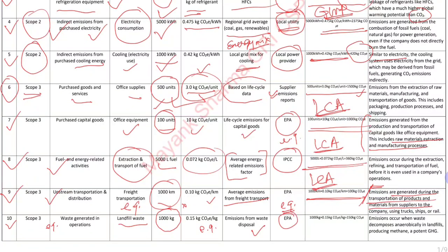Again, we take the EPA as the source or reference of the emission factor, and then we multiply the total quantity of waste sent to the landfill by the emission factor. So emissions are occurring when waste decomposes anaerobically, and in the landfill this produces methane gas, which again has a higher global warming potential than CO2 and is a GHG emission source.